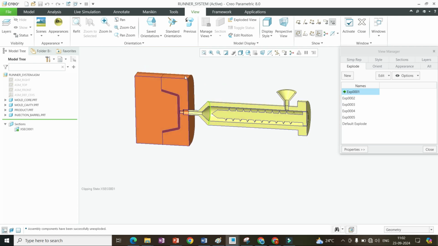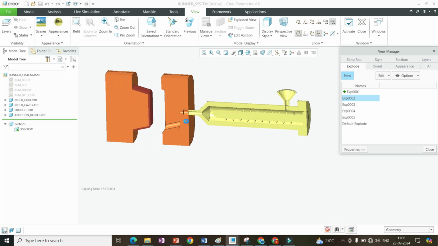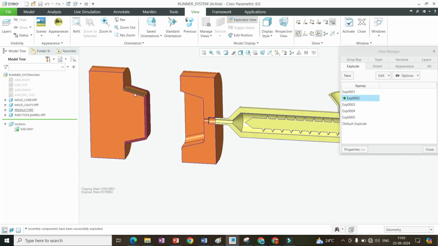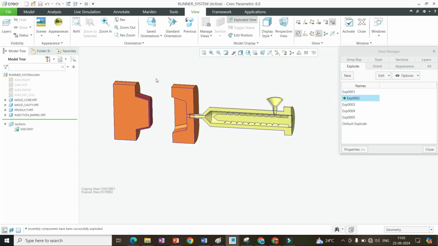In the mold chamber we have two different sections. One is the fixed mold and another is the movable mold. It will move backward with the help of a clamping unit, and you can see here the mold also moved with the core mold. This one is the cavity mold and this one is the core mold.